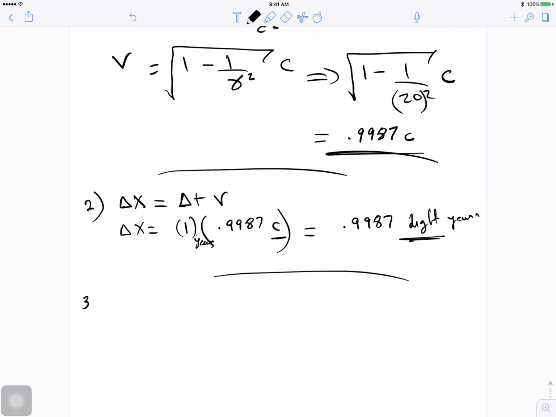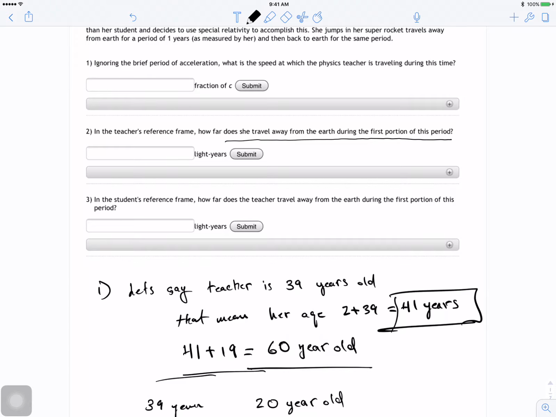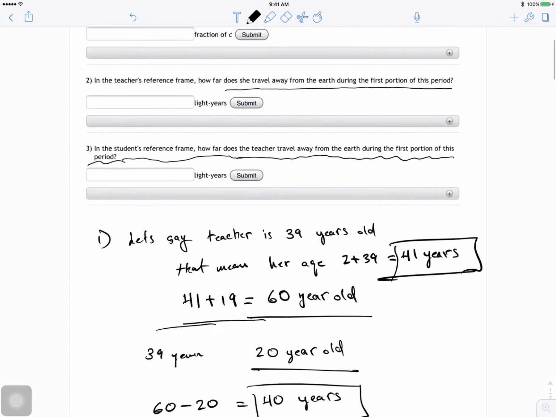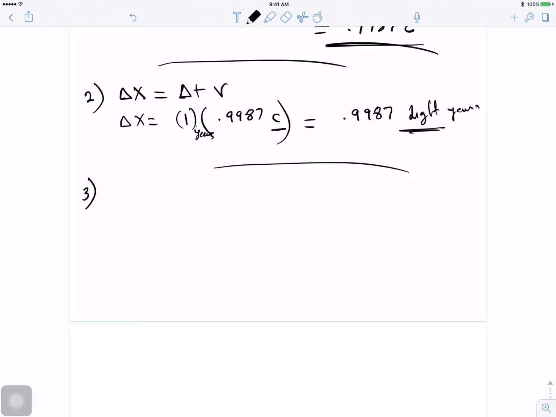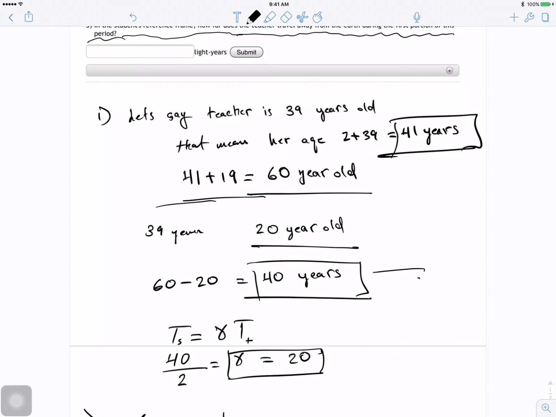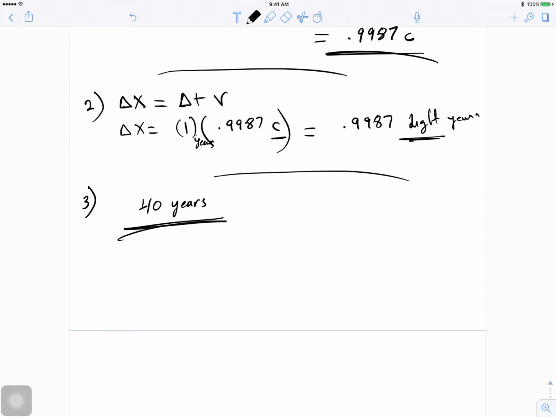Okay, number 3. In the student's frame of reference, how far does the teacher travel away from Earth during the first portion of the period? The total period was 40 years, as we agreed, the total the student is going to experience.